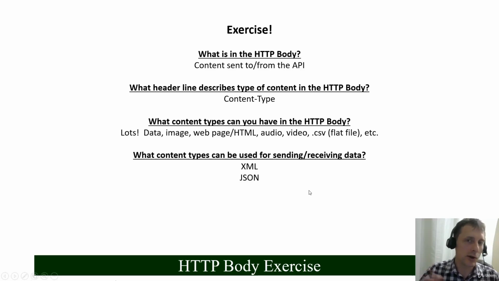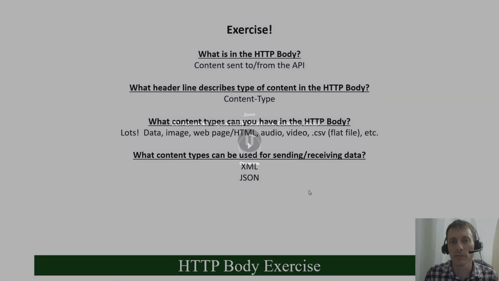This is used all the time in APIs because all the time in APIs we're sending data and we're receiving data. Sometimes we'll send images or receive images or web pages and things like that, but very often we're sending data to the API or receiving data from the API. So it's very important that you learn XML and JSON, which is why now we're going to get into the details of XML and JSON.